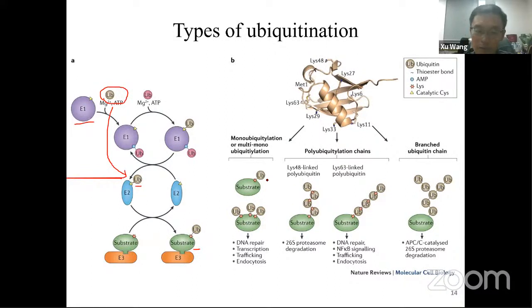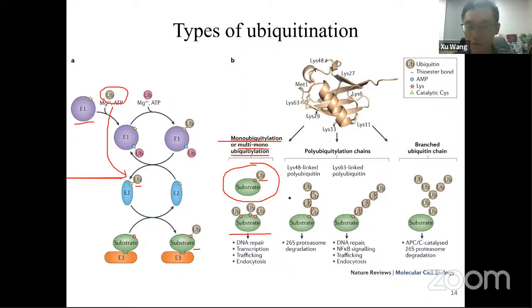If only one monomeric ubiquitin is attached to the substrate, this is called monoubiquitination, because only one molecule of ubiquitin is attached. If several single ubiquitins are attached to the substrate, on this substrate for example, this is called multi-monoubiquitination.